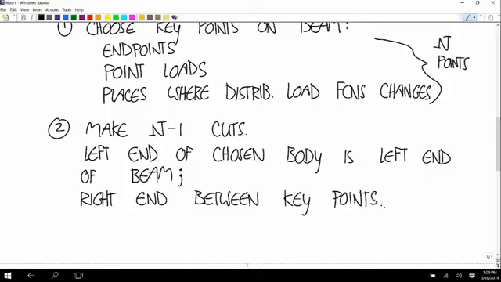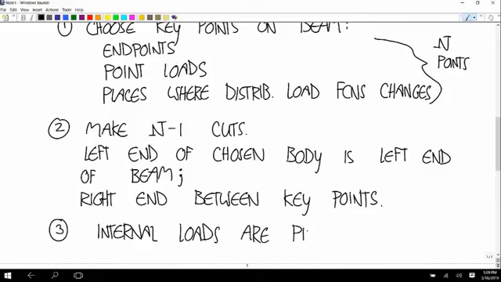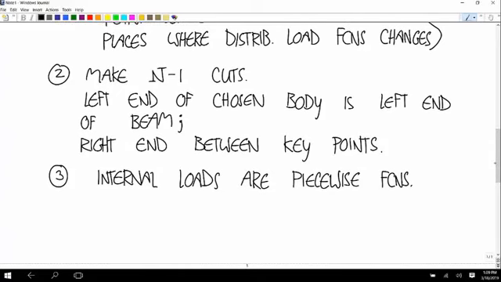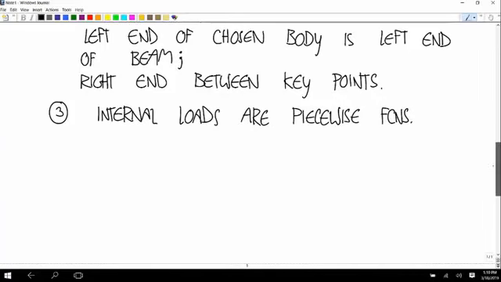Okay, and we're going to calculate the internal loads on that interval. And then finally, the internal loads are going to be piecewise functions. So that kind of explains how to do it generally, but I think the example will make it more clear.